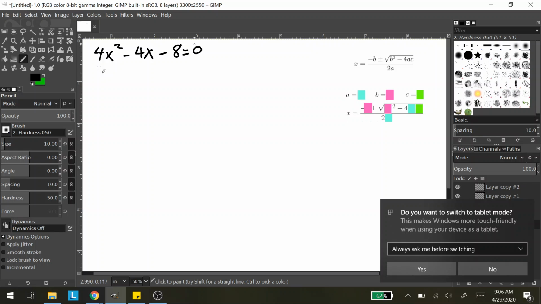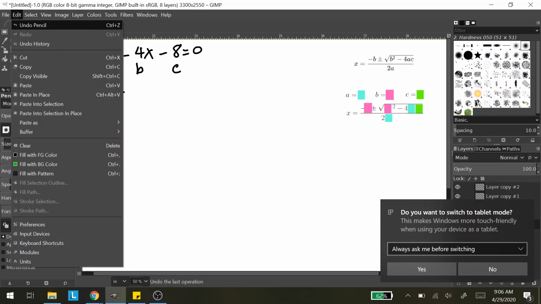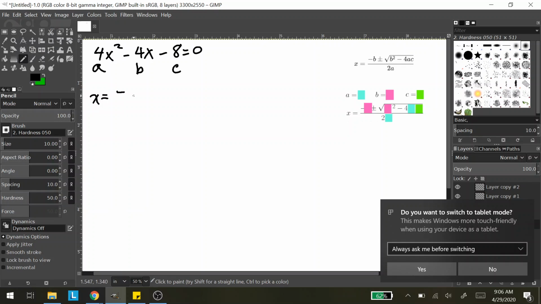Again, I want to know that this is my A, this is my B, this is my C. So now I'm just going to plug it into the quadratic formula. x equals the opposite of B, plus or minus the square root of B squared minus 4AC, all over 2A. Now I'm just going to plug it in.